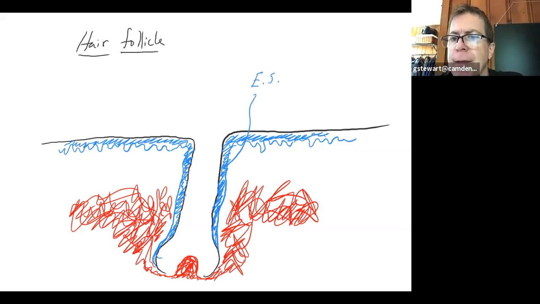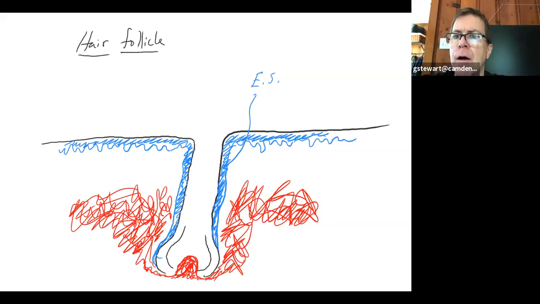And the hair itself, the actual hair, I'm going to use black, grows around this dermal papilla. And just like stem cells in the stratum basale of the epidermis, there are actively mitotic cells. I'm going to color them green.